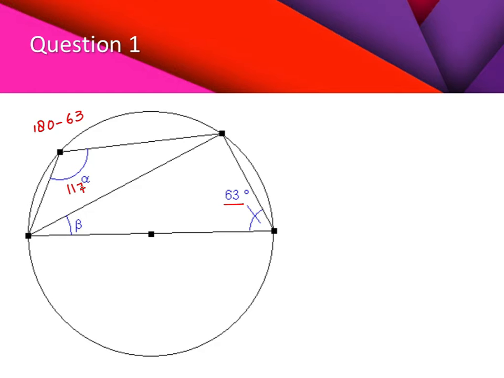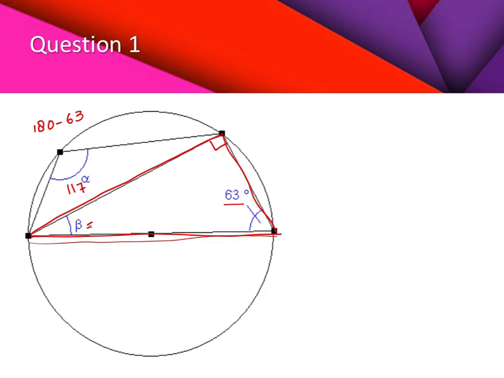Now if we find angle beta, then how much will it be? As we know that this line is the diameter of a circle, so here we have a semicircle property. Okay, so this angle is 90 degrees. So if we take this triangle, okay, 90 plus 63 and we will subtract it from 180 degrees. 90 plus 63 is 153 and if we subtract it from 180 degrees it is 27.